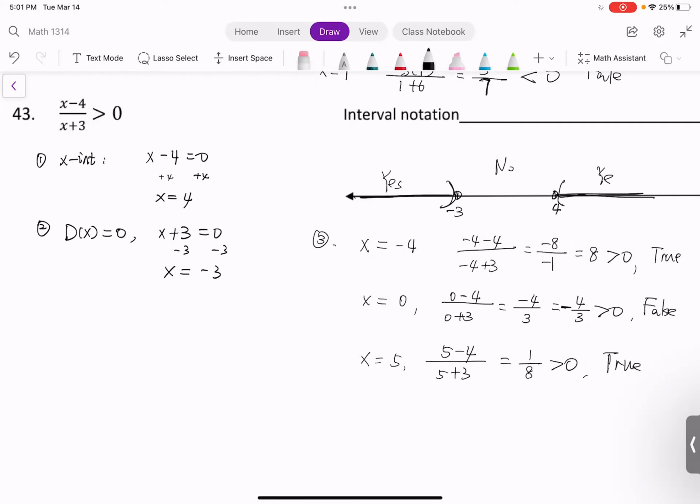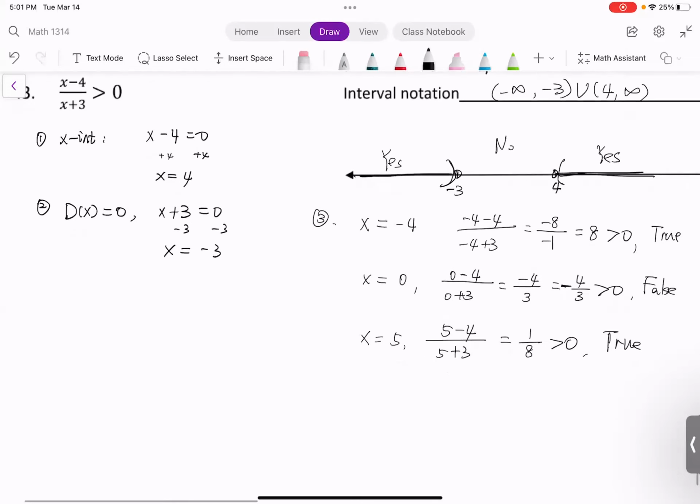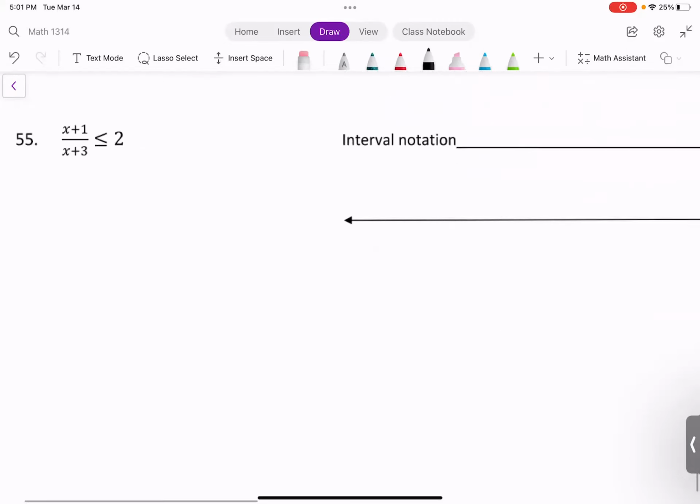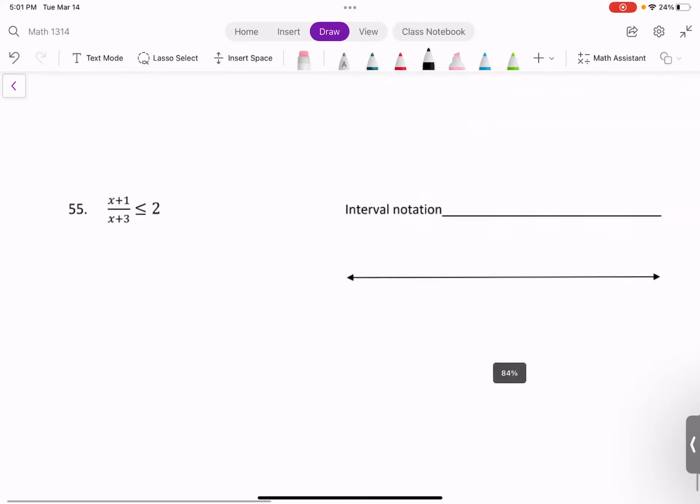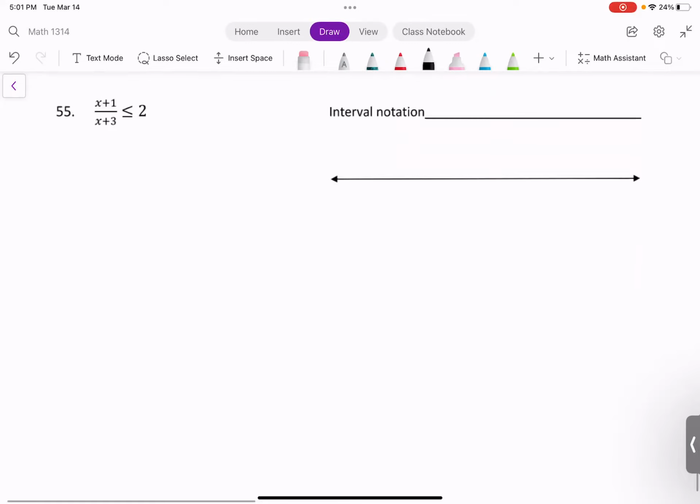So the interval notation is from -infinity to -3, parentheses, union 4 to infinity. All right, this is how we find the interval notation of the inequality. Oh, sorry, how we solve for x in interval notation. All right, let's see, is that the last one? Yes, that's the last example, but very challenging. Let's see why it is challenging.